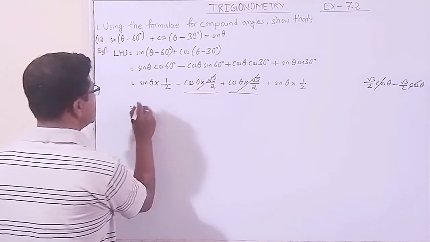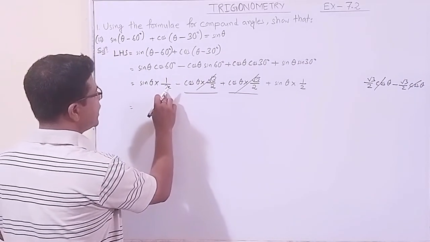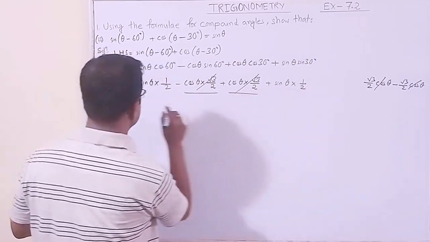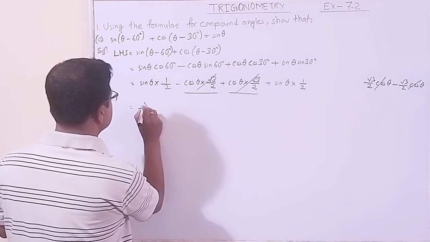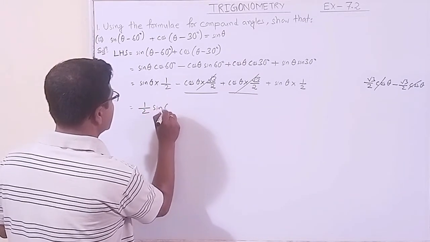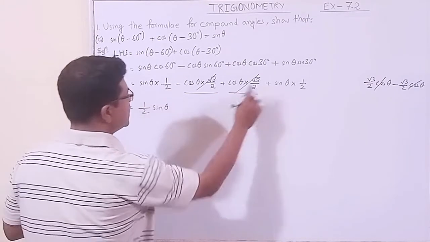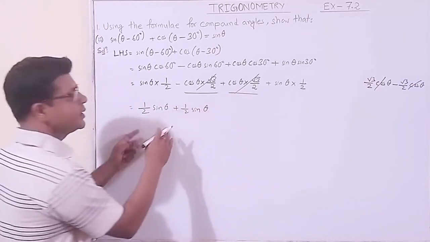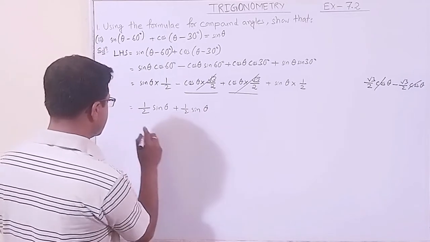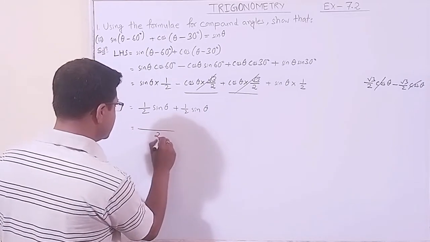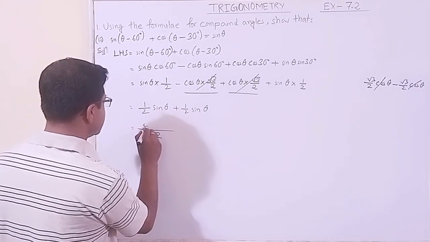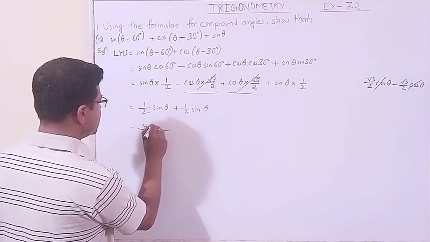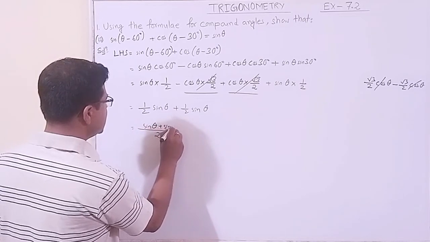Okay, now what is left? Sin theta by half plus sin theta by half. So actually I am writing like this: half of sin theta, and that is also half of sin theta. So directly half of sin theta plus half of sin theta is sin theta. Or simply, if you have problem here, you can write like this also: 2 is the LCM, sin theta plus sin theta.